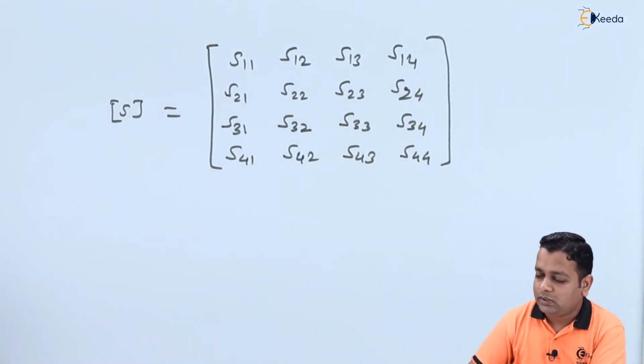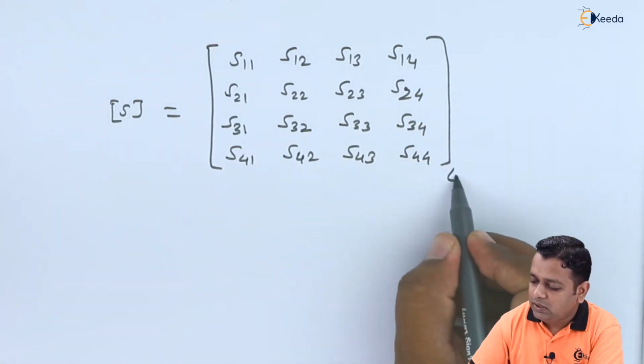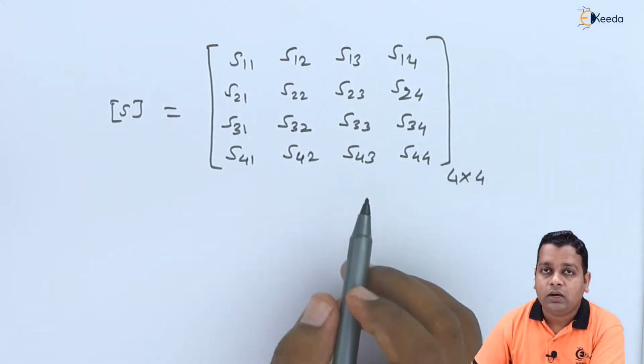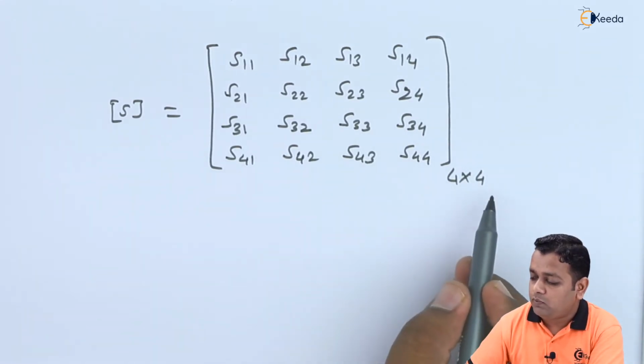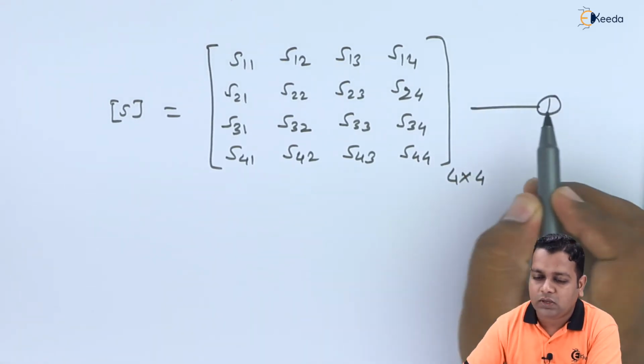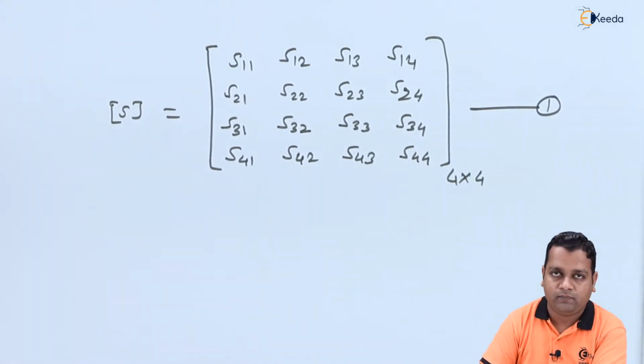This is the generalized representation of the scattering matrix for the directional coupler of order 4 by 4, represented by equation number 1.